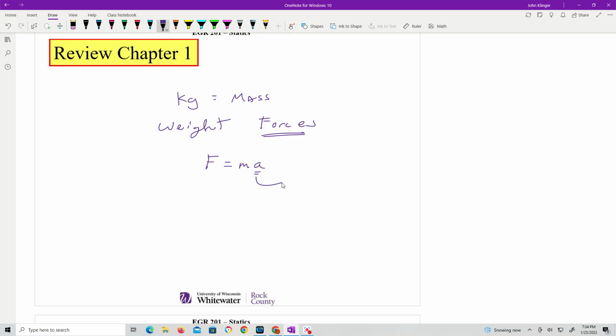And the a that we will use for this class is the acceleration, which is 9.81 meters per second squared, or 32.2 feet per second squared. That's probably the most important thing to come out of this chapter. And then also just basic unit conversion, but you should already have a good understanding of that part.